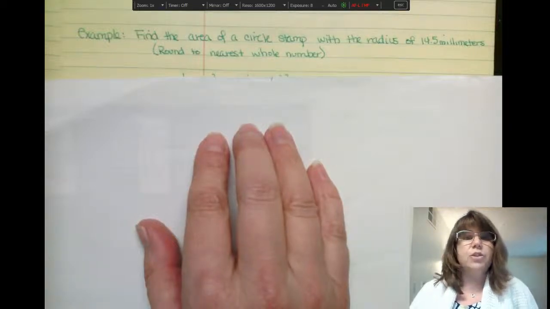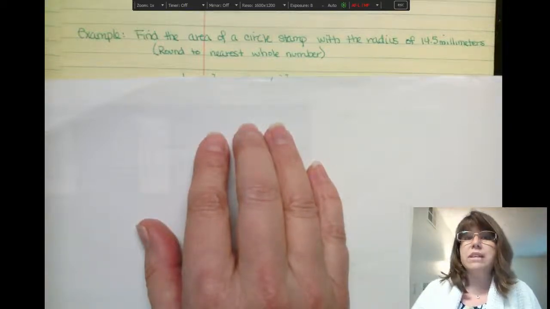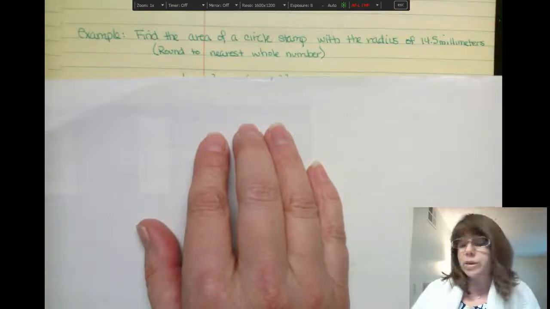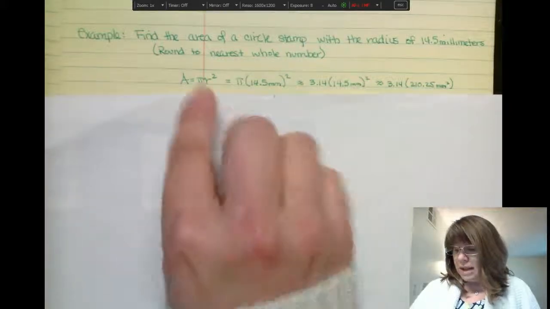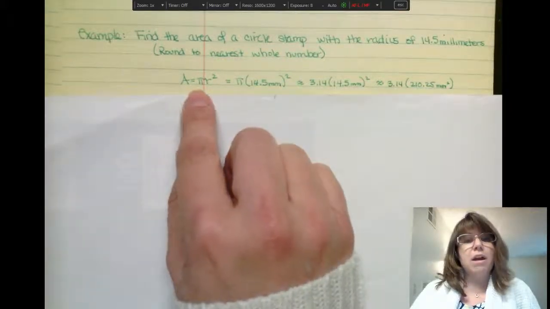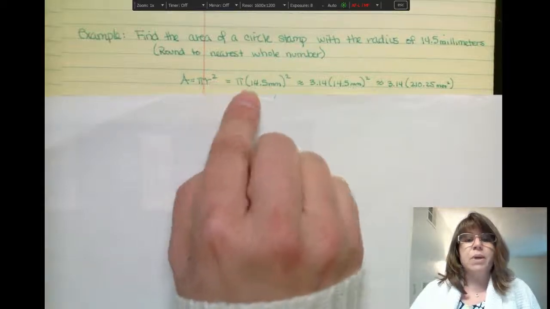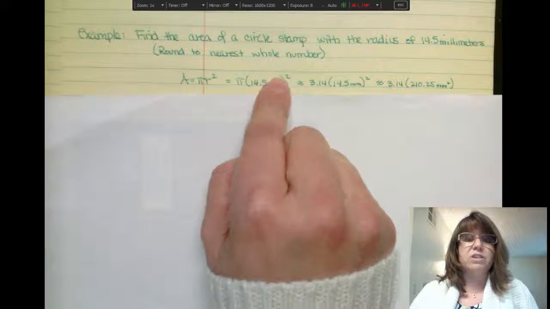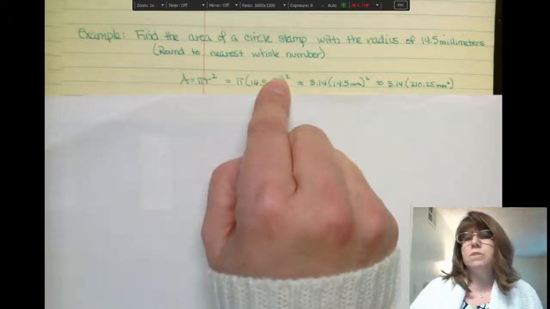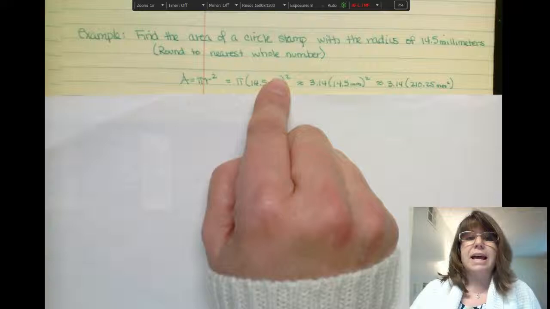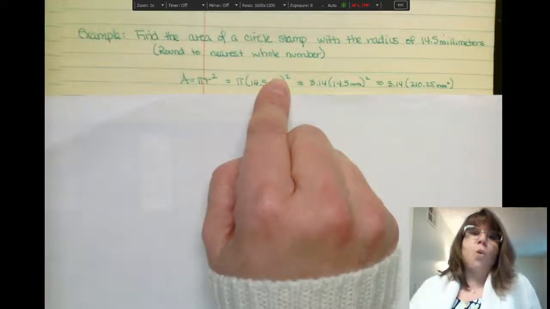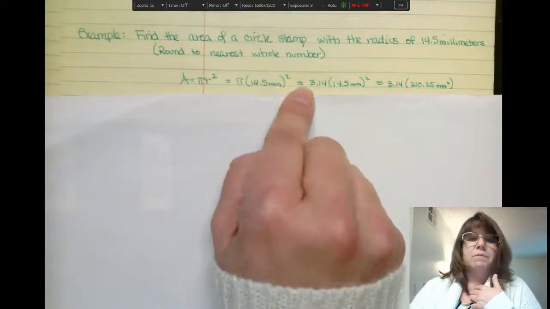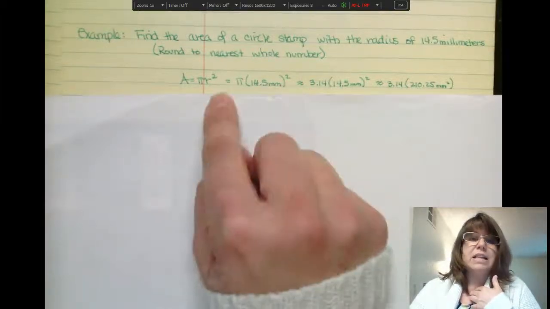All right, let's try one of our new formulas. Find the area of a circle stamp with the radius of 14.5 millimeters. Again, we're going to round this to the nearest whole number. My area of a circle is pi r squared. My radius in this instance is 14.5 millimeters, and I'm going to square it. We are going to use 3.14 as an approximation of pi. I'm very particular on this: it's an approximation, it's not exact.